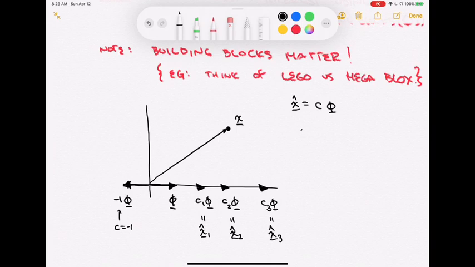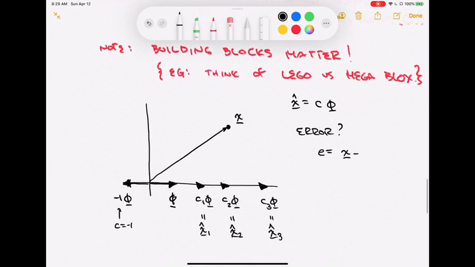We can look at what is the error, right? The error in this particular case is equal to x minus x hat. And at least in this Cartesian coordinate analogy or plane that we're looking at, that error will have a nice physical meaning.